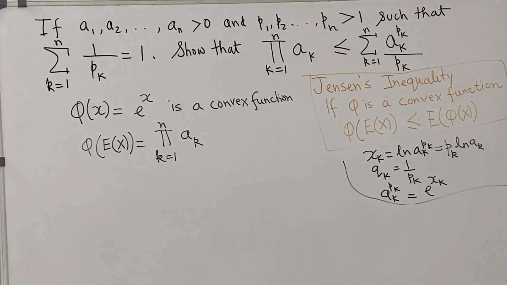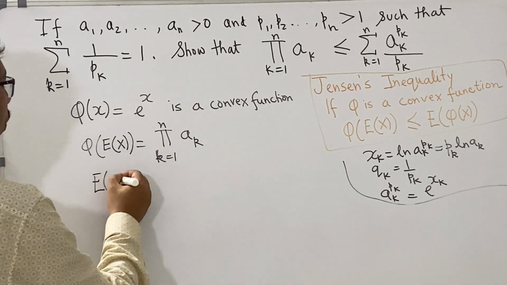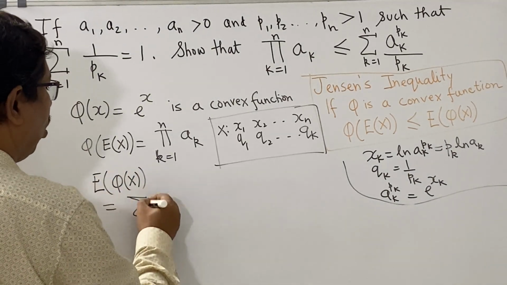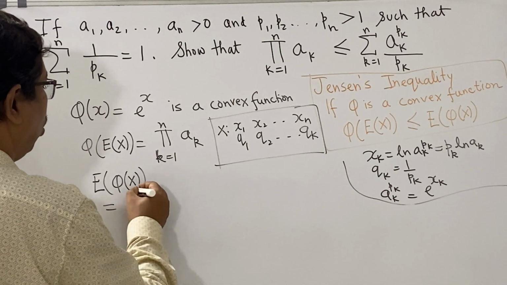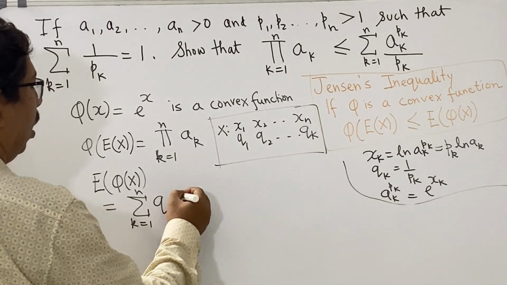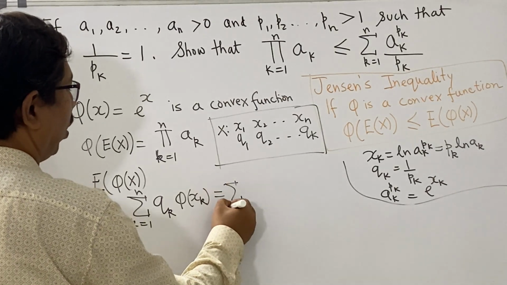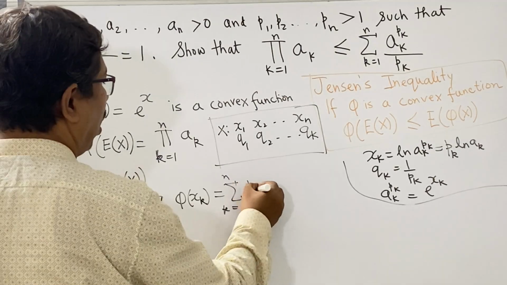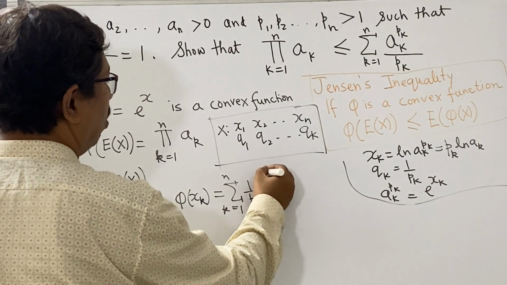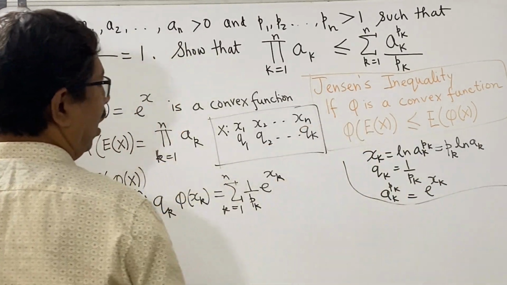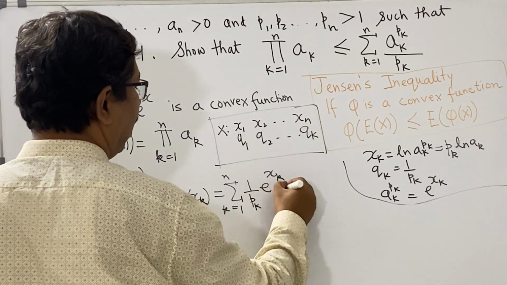Now, let us compute the expected value of phi of X. The expected value of phi of X is the summation of k equal to 1 to n of qk into phi of xk, and that is the summation of k equal to 1 to n of 1 by pk into e to the power xk, and e to the power xk is just ak to the power pk.